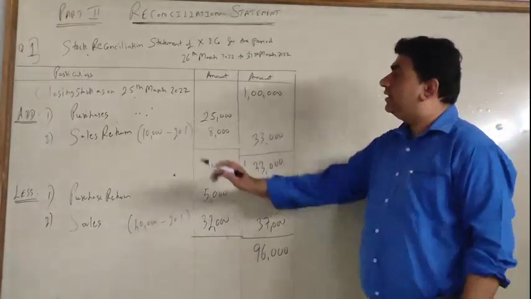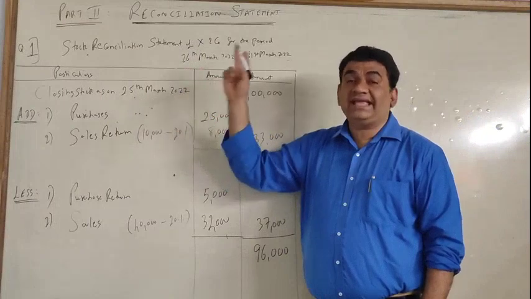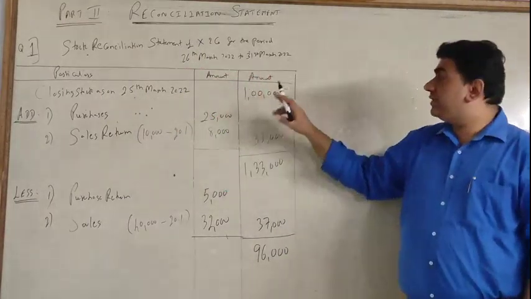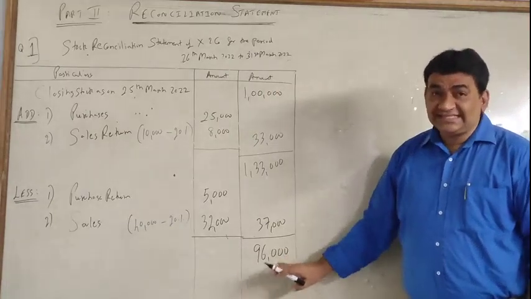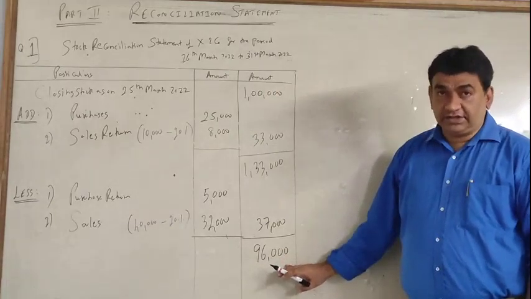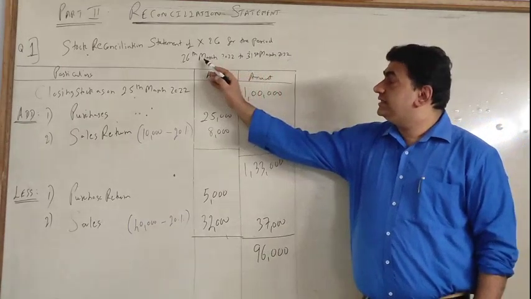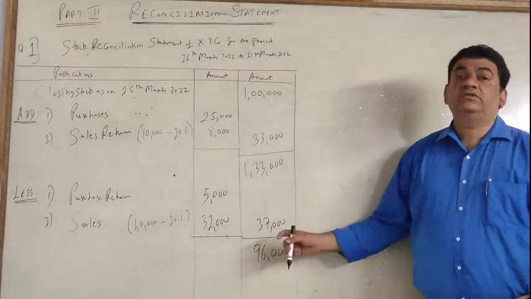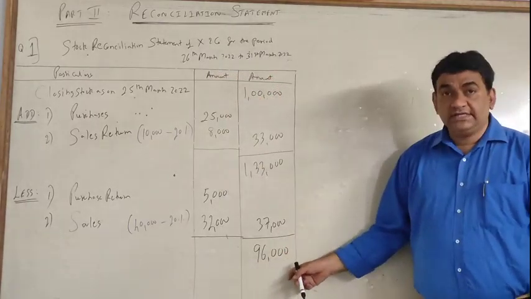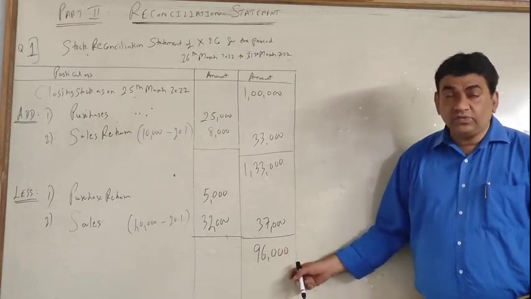So, closing stock as on 25th March, what I calculated on 25th March was 1 lakh. Now listen guys, now this 96,000 what I have got, what is my reconciliation period? 26th March to 31st March. So this is now the value of stock which will be my stock on 31st March 22.